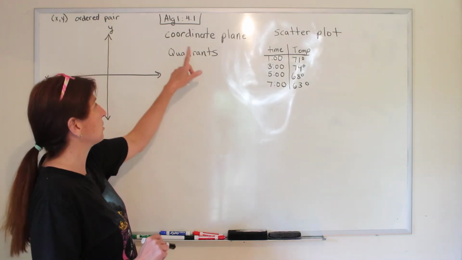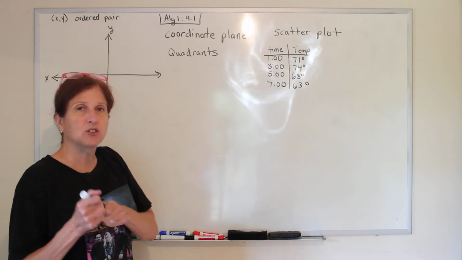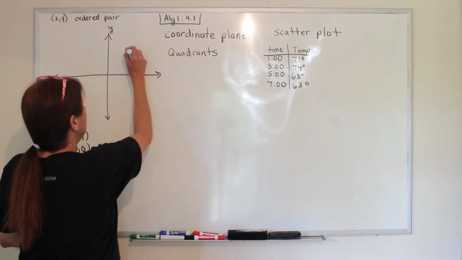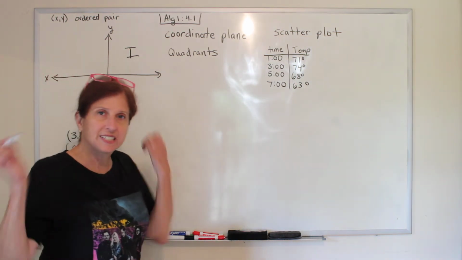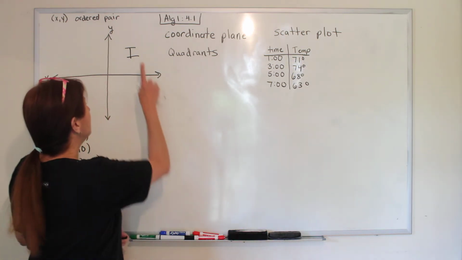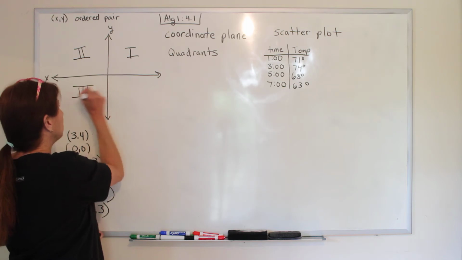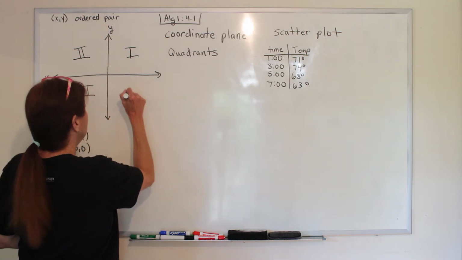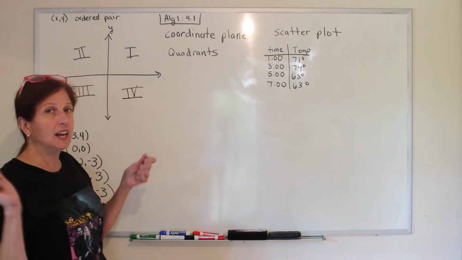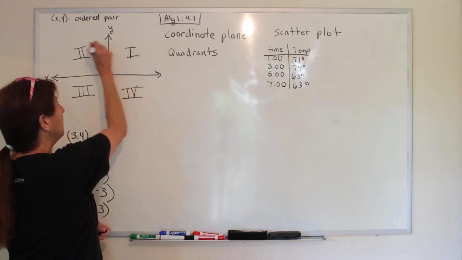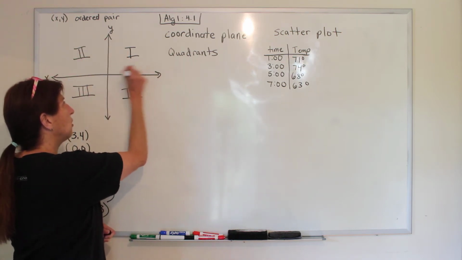These 4 sections are called quadrants, and by tradition they are written in Roman numerals. This is why you had to learn Roman numerals. This is quadrant 1, 2, 3, and yes, you guessed it, 4. Ta-da! And notice it goes counterclockwise starting right there.